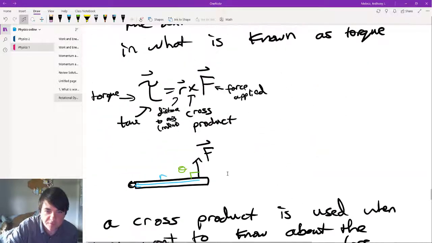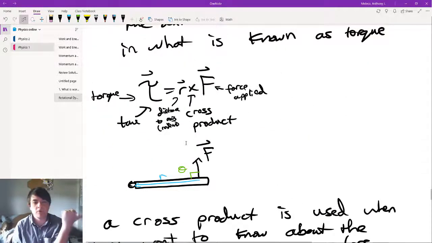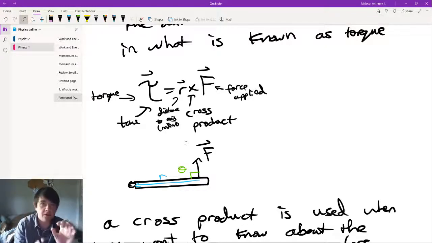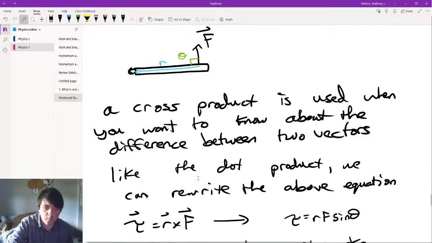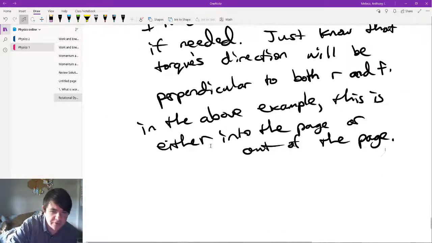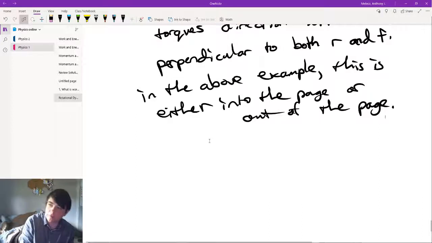So if you look at this, perpendicular to both, you have the radius to the left, you have force up, so that means we need to go into the z-axis or the other dimension, which is either into the page or out of the page, okay? And like I said, if I need to, I'll show you how to determine which one that would be, okay?